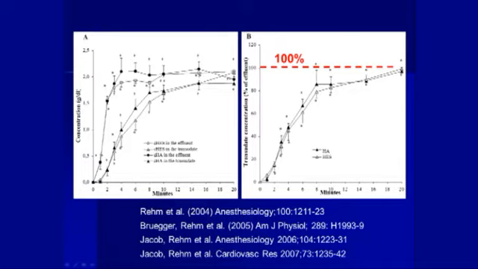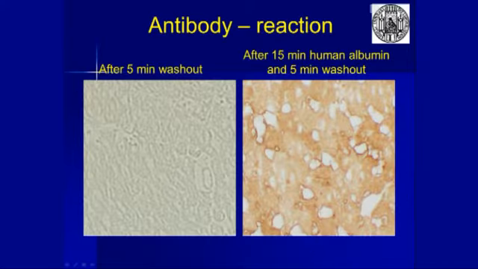There were no measurable differences in behavior between human albumin and hydroxyethyl starch. Moreover, via immunohistochemistry we could demonstrate that intravascularly applied human albumin crosses the interstitial space on its way to the epicardial surface within a short period of time.